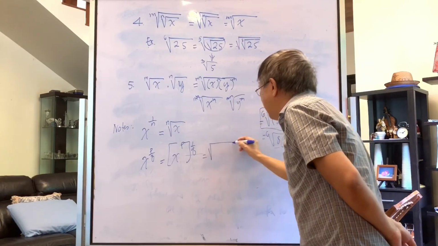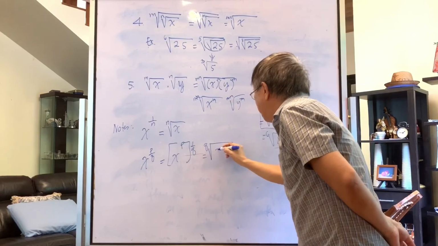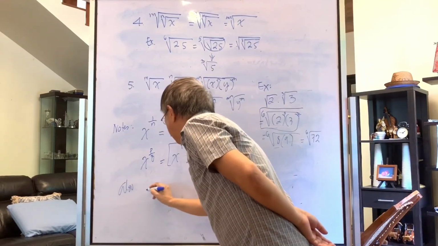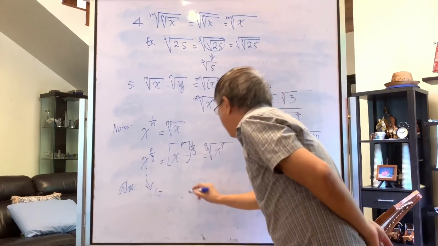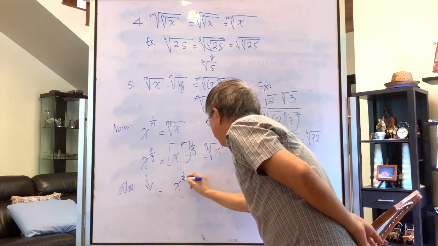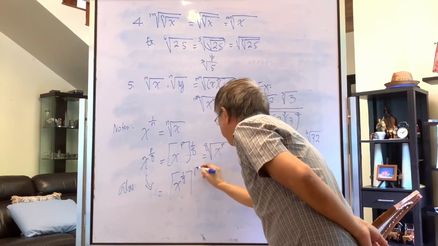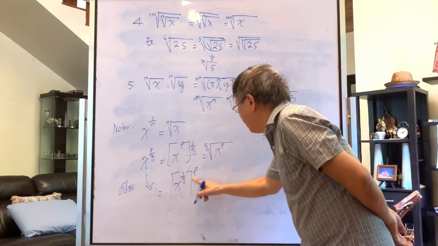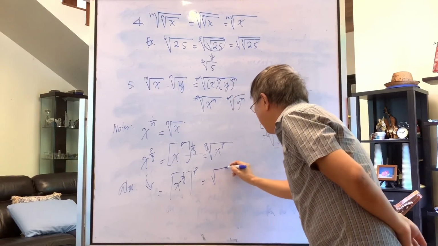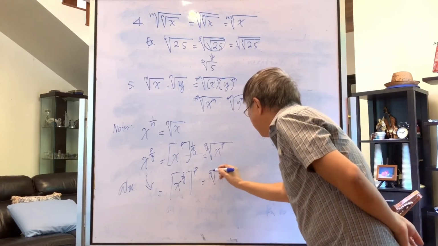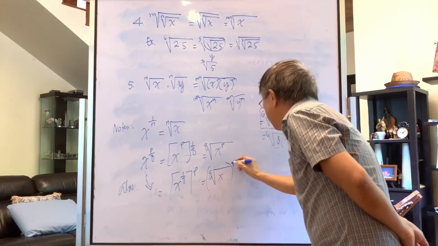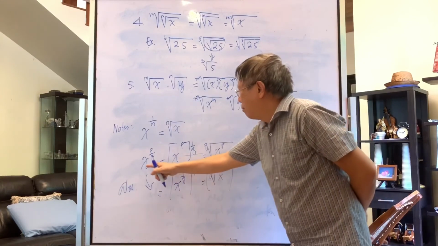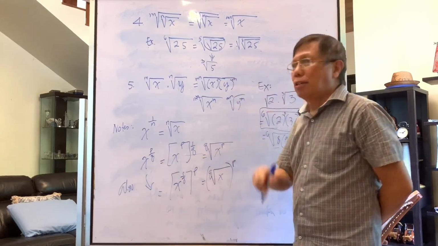Also, I can write this as x to the 1 over q raised to the p. So here, we have the qth root of x raised to the p. These two are equivalent provided we have valid values for x.